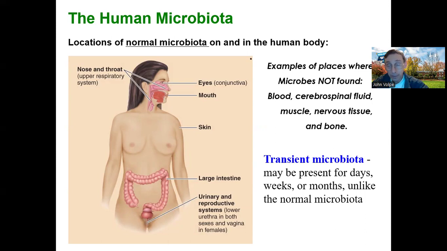So if you're a person who gets boils on your skin every once in a while, you probably have Staphylococcus aureus as a part of your normal skin biota. Only about 20% of Americans have Staphylococcus aureus growing on their skin. 80% of us do not.